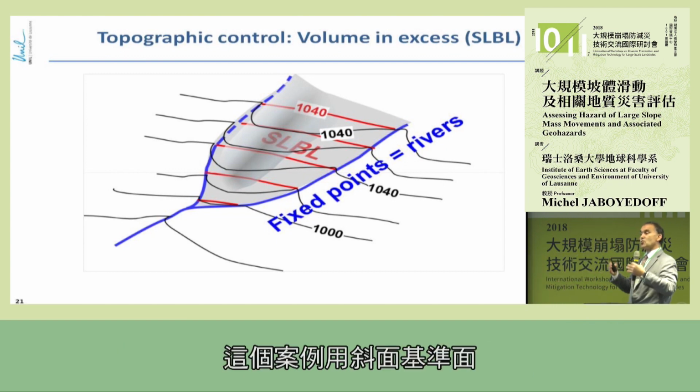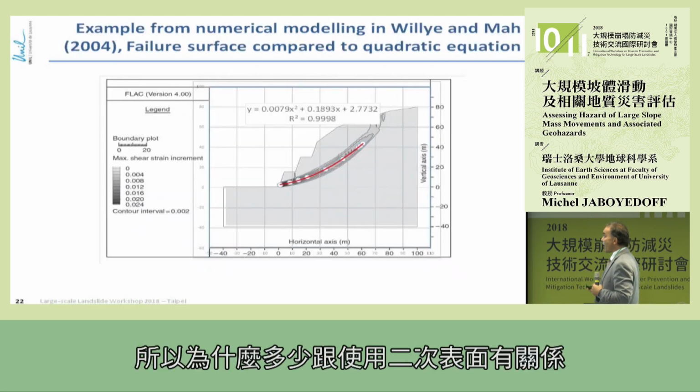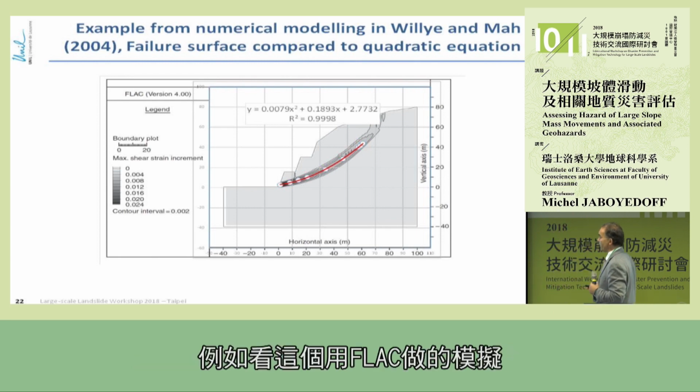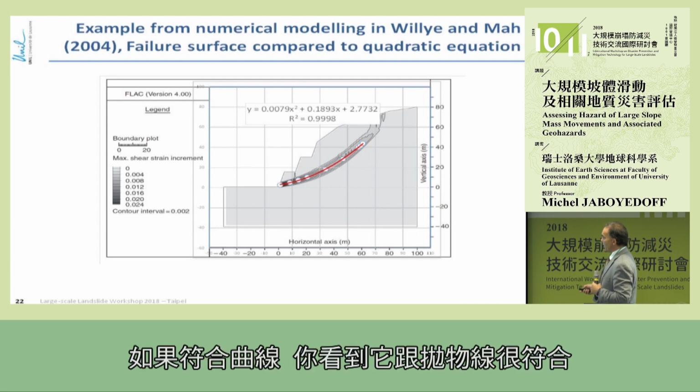But in that case, it's the sloping local base level. So that is also why it's more or less relevant to use a quadratic surface. If you check here, for instance, a simulation by Flack, and you fit a curve, then you see that you have a very good fit with a parabola.